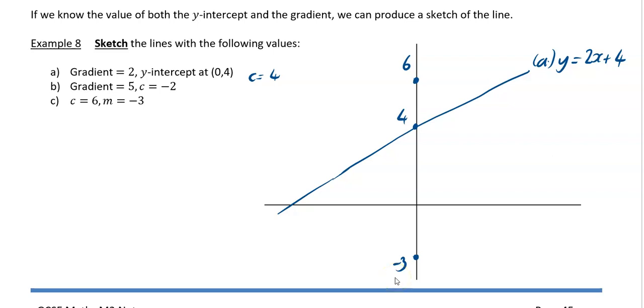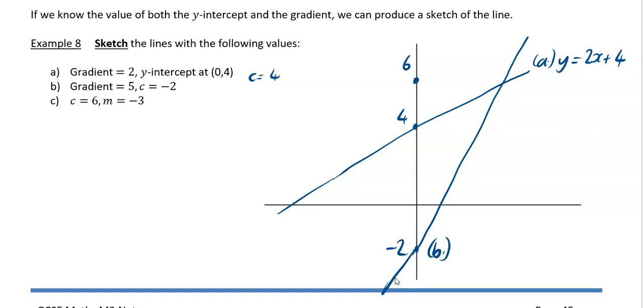Okay, my second example in part B, my intercept is actually minus 2, not minus 3, so we'll get rid of that. Oh, sorry, that should be minus 2. And the gradient was 5, so it has a positive gradient. Also, the gradient here should be steeper than the line that you've just done in part A, so make it a much steeper line because the gradient is 5. Okay, so this is my line.